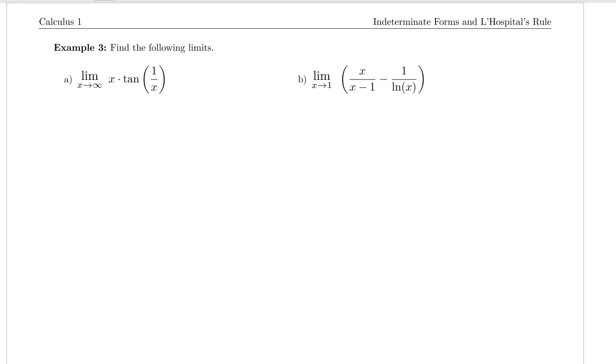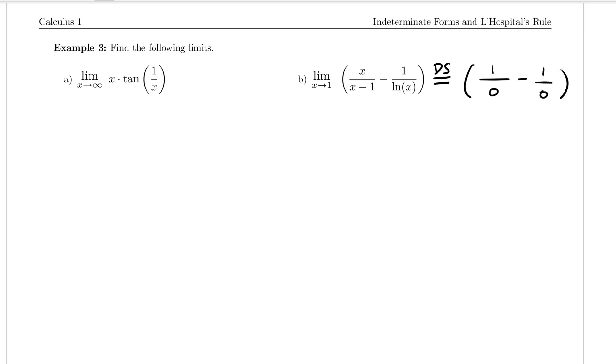Part B asks us to find the limit as x approaches 1 of x over x minus 1 minus the fraction 1 over the natural log of x. And if I used direct substitution on this, I would end up getting 1 over 0 minus 1 over 0.